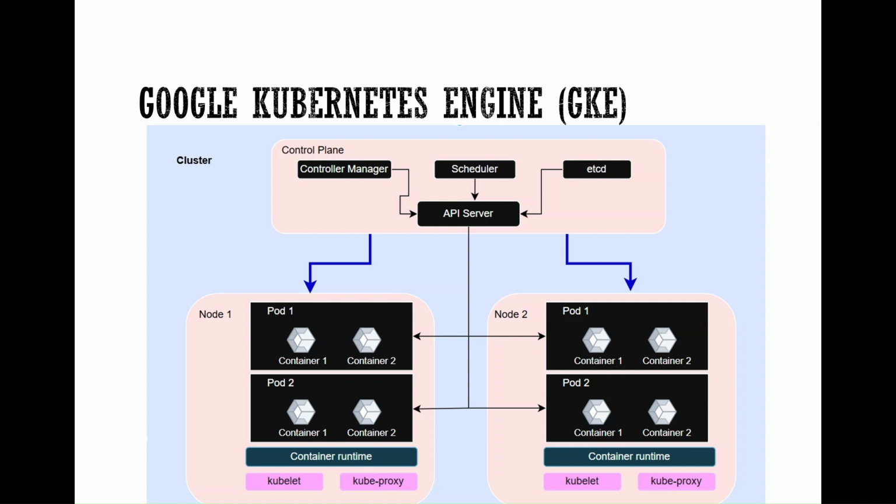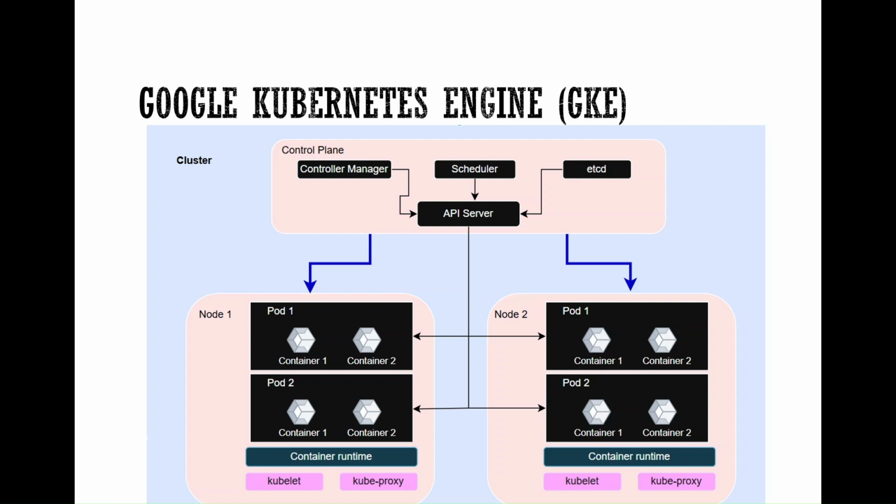So kubelet is, I would simply term it, an agent running on each node that talks back to the control plane, and it ensures that each container and each pod inside the container are running according to the specifications provided by the control plane.